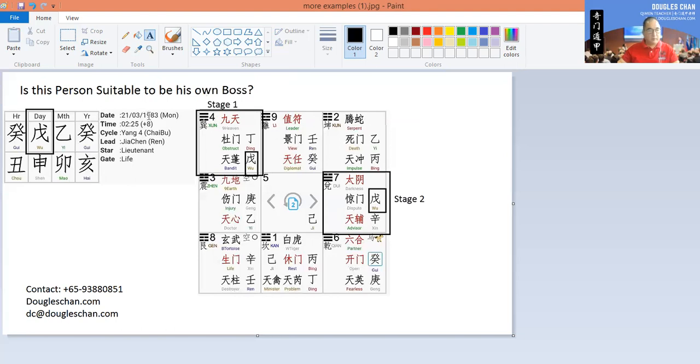When we look at 1983, based on the current date of about 2022, he should be in stage 2 already. So we can safely say that his character has shifted from box 4 to box 7. In this case, we will take reference in box 7 as his current character.